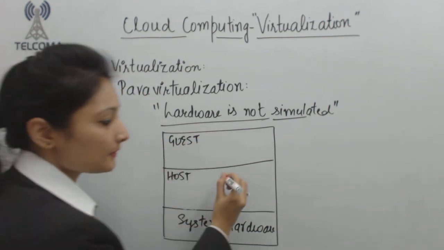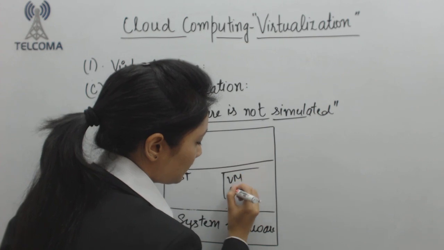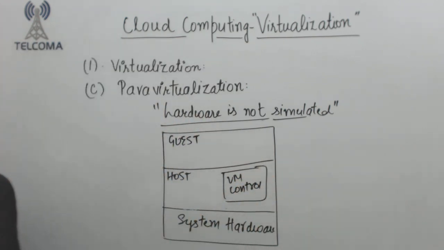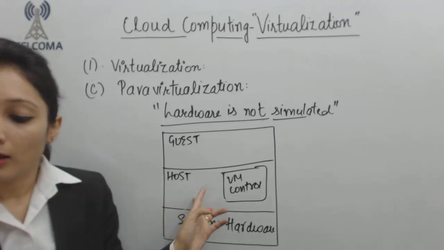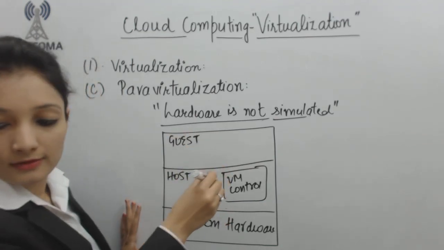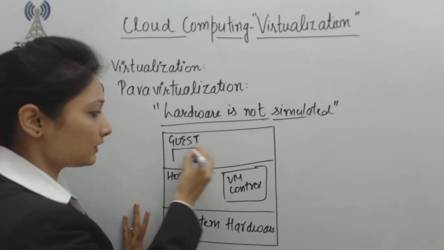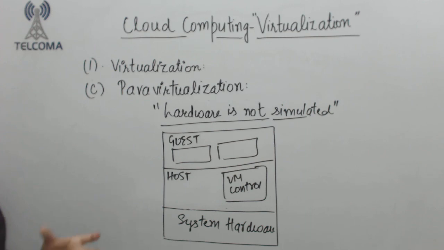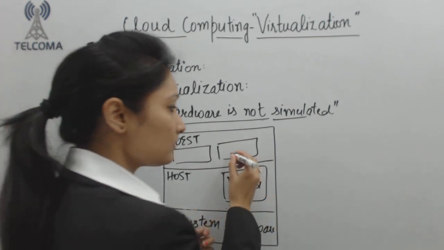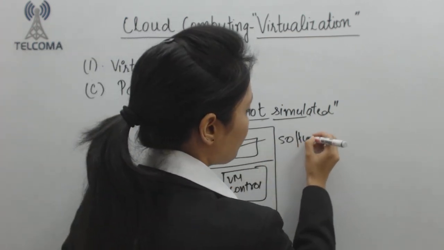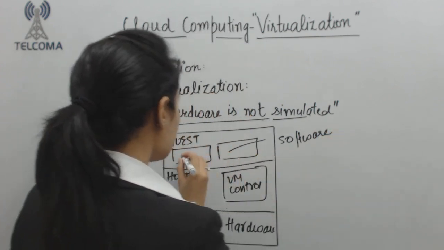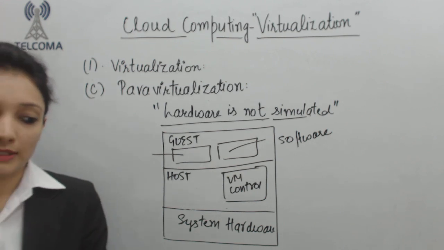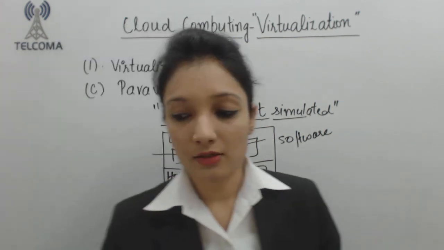So you have your VM control, VM kernels here, and if you have your guest systems here, you will have with these systems the virtualization environment and the software so that the independent domains can be run by these various virtual machines. So this is para virtualization.